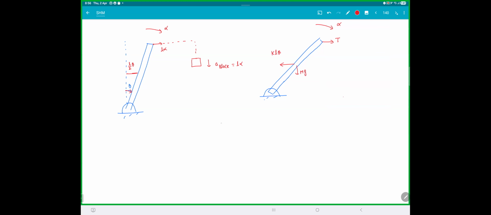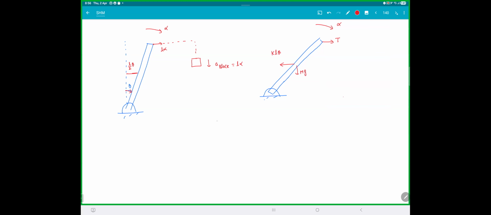So when you write the torque about the hinge, remember all these are change in torques. The spring force will be KL theta into the perpendicular distance L by 2 cos theta, minus k cap.